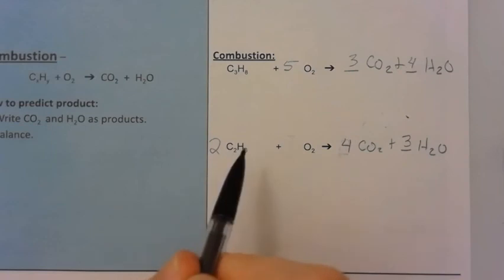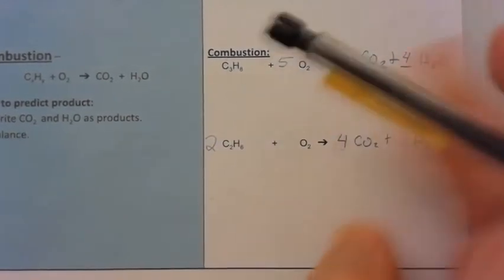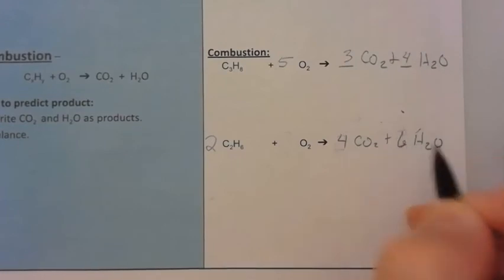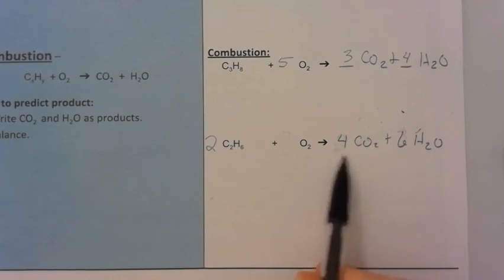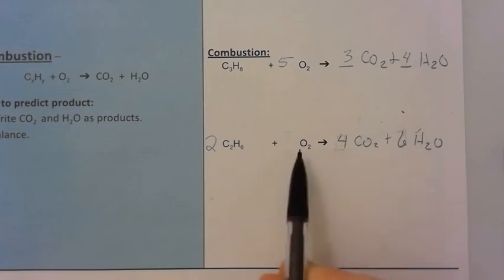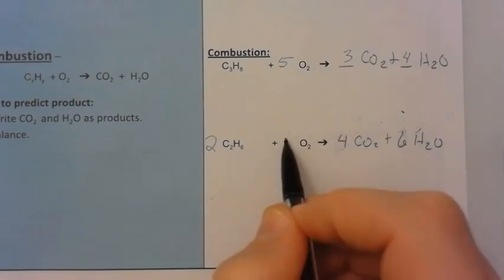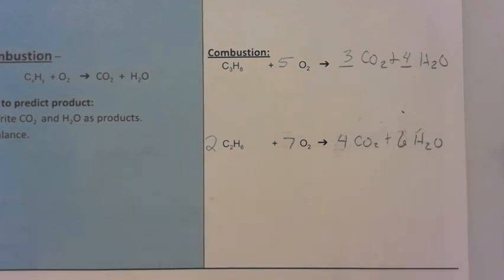I have 12 hydrogens going in, so I'm going to need 6 water molecules being produced. And now with the 4 CO2s, I've got 8 oxygen atoms, plus these 6 oxygen atoms for a total of 14. And 14 is a multiple of 2, which means I would need 7 O2 molecules to balance that reaction.